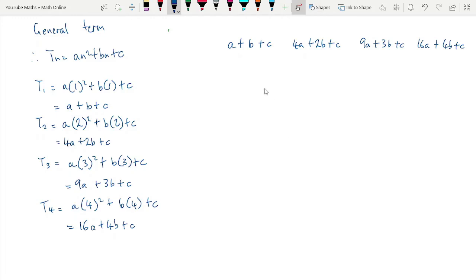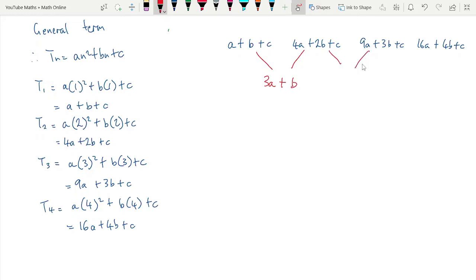Now in a quadratic sequence, we're going to find the first differences. That's this term minus that term. If you remember your algebra properly, 4a minus a gives us 3a, 2b minus b gives us b, and c minus c cancels out.